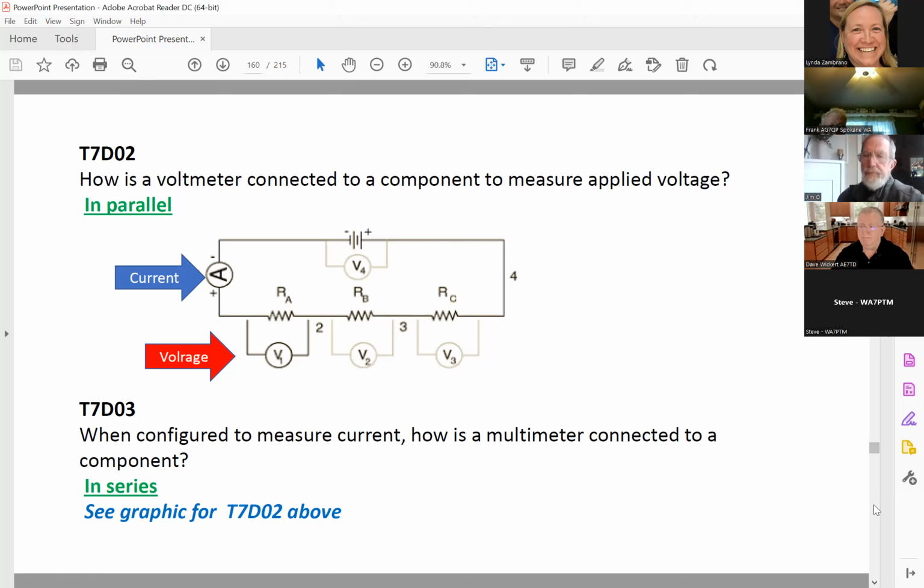What we tried to do with this class is pair the more intense topics, higher amperage, I'm sorry, with the ones like the rules or the practices. So you had one that was really technical and one that was not so technical. That's what we were trying to do with the pairings.